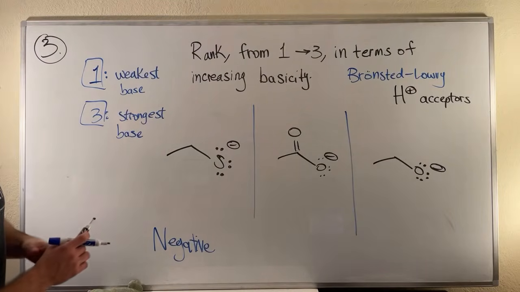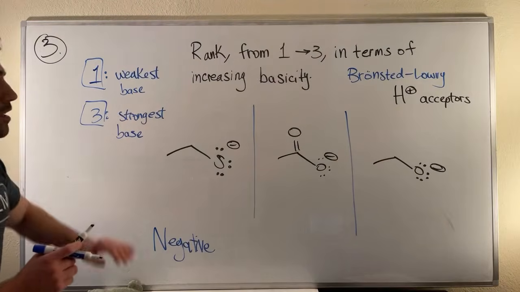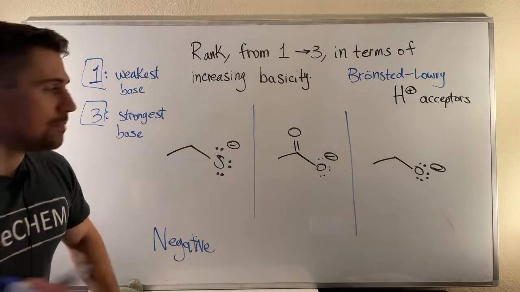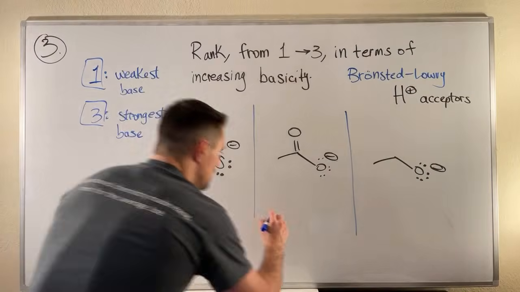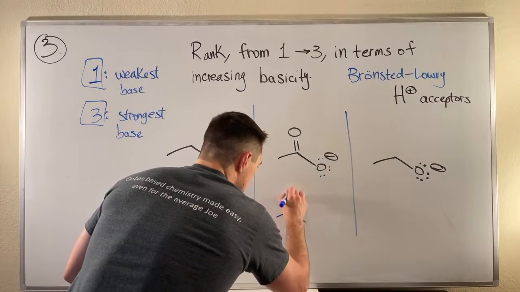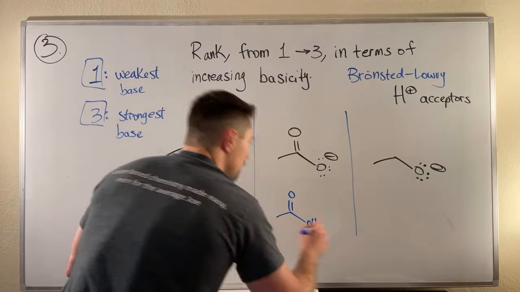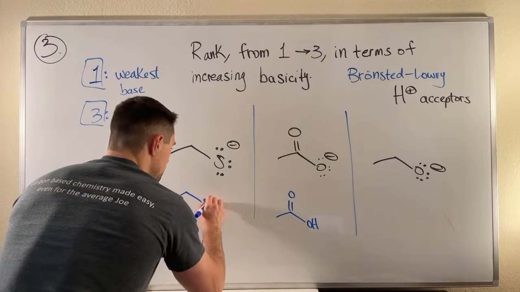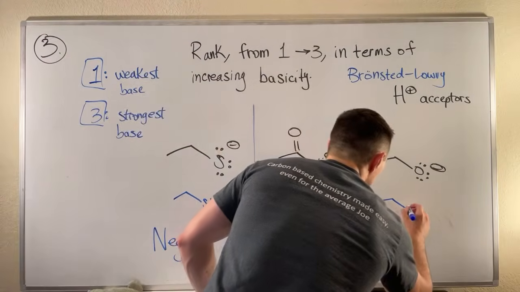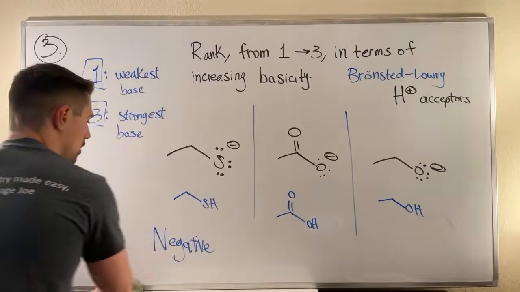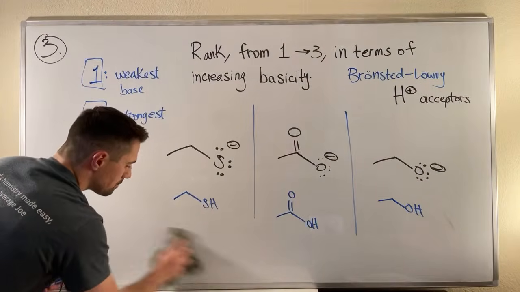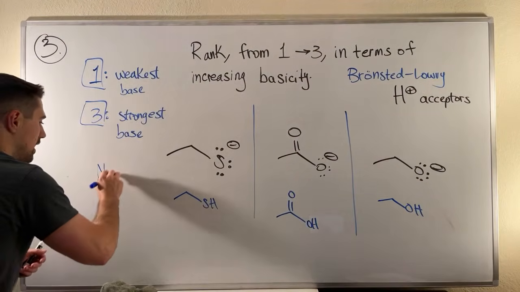So our weakest base will be our strongest acid. So let's just draw the conjugate acids here. They might help us, they might not, but I have a feeling they're going to. Let's write this over here, negative.